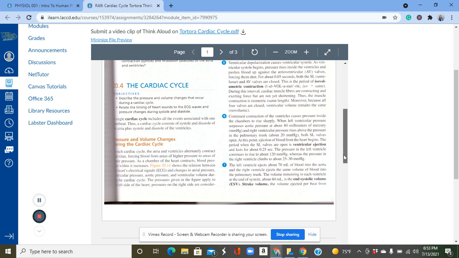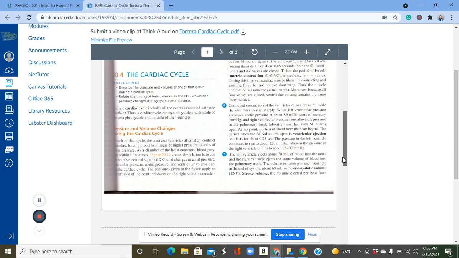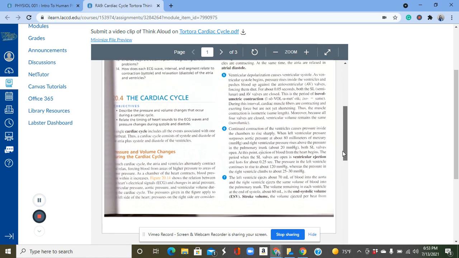At this point, ejection of blood from the heart begins. The period when the SL valves are open is ventricular ejection and lasts for about 0.25 seconds. The pressure in the left ventricle continues to rise to about 120 millimeters of mercury, whereas the pressure in the right ventricle climbs to about 25 to 30 millimeters of mercury.